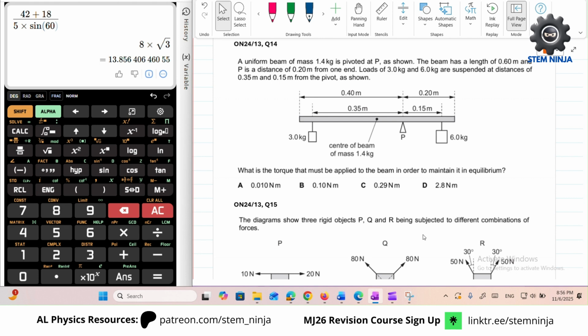What is the torque that must be applied to the beam in order to maintain it in equilibrium? So basically the final difference that the torque must maintain. Remember, the center of the beam is this, so that means the weight 1.4 g acts through this.